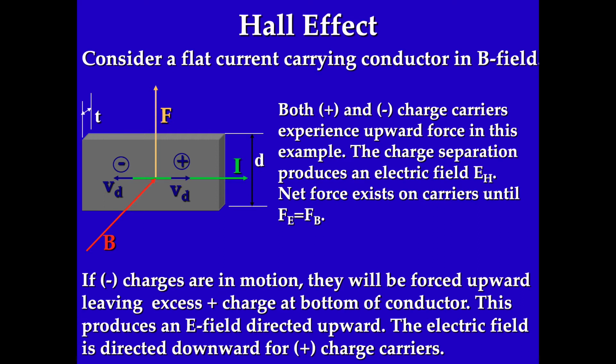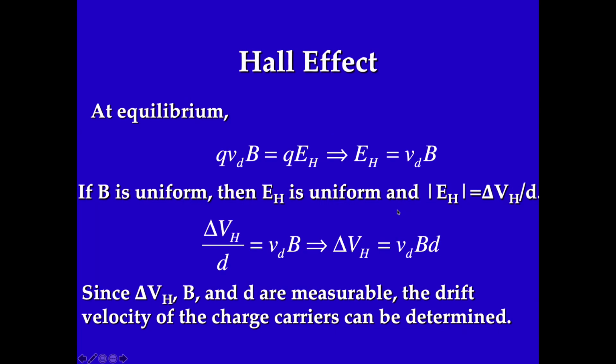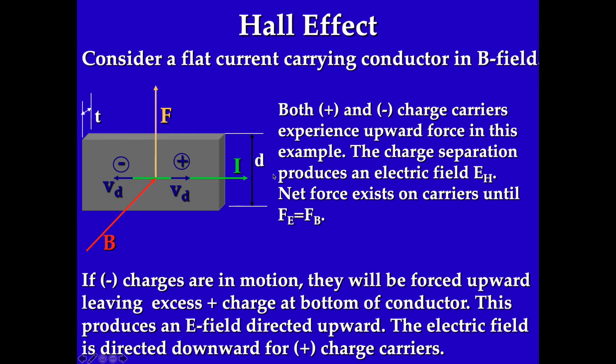Now, typically what we do is we put this material in a uniform magnetic field. If you put it in a uniform magnetic field, you'll establish a uniform electric field. Let me go back. Charge will separate until the force due to the electric field equals the force due to the magnetic field, until you reach an equilibrium.